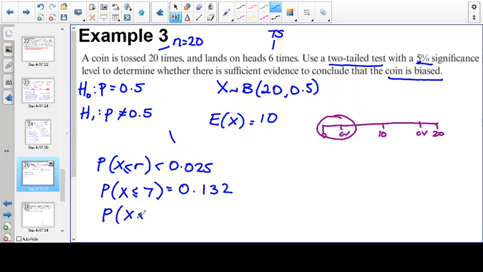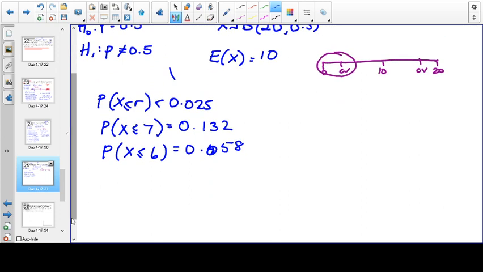Let's say X is less than or equal to 6. That's 0.058. Let's go to 5. That's 0.021.